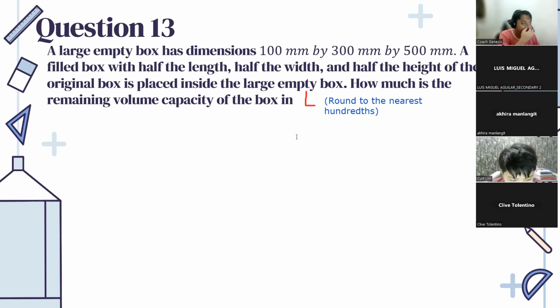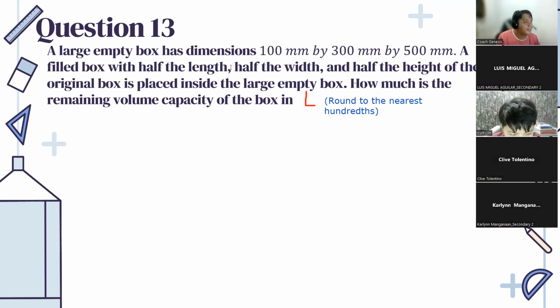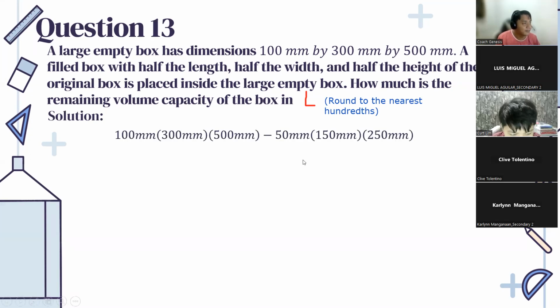How much is the remaining volume capacity of the box? The easy way to do this is we get the volume of the empty box and then we subtract it to the volume of the box with half the dimensions.